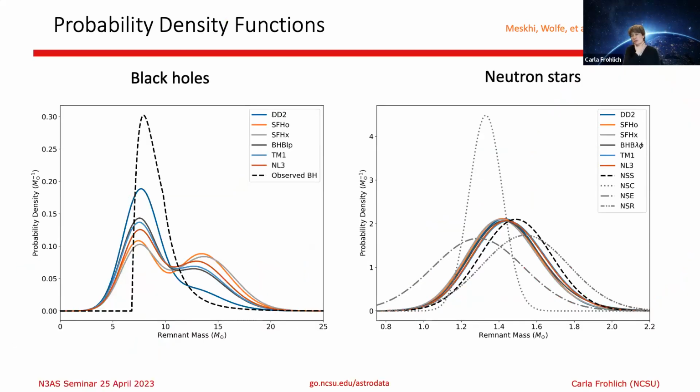So these results are shown here, where the left panel is black holes, the right panel is neutron stars. And the black dashed line, which is very prominent in the black hole picture, is the observed distribution.